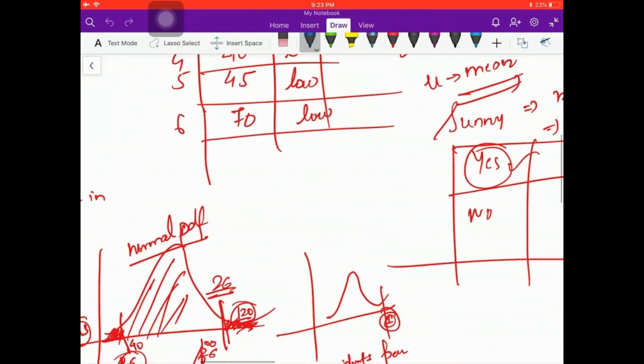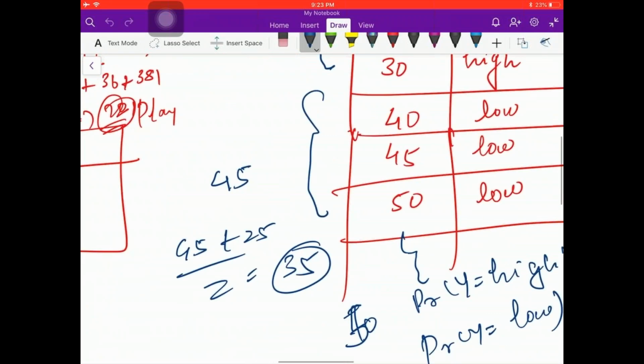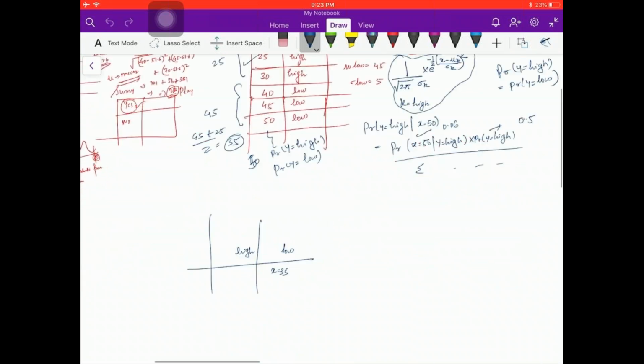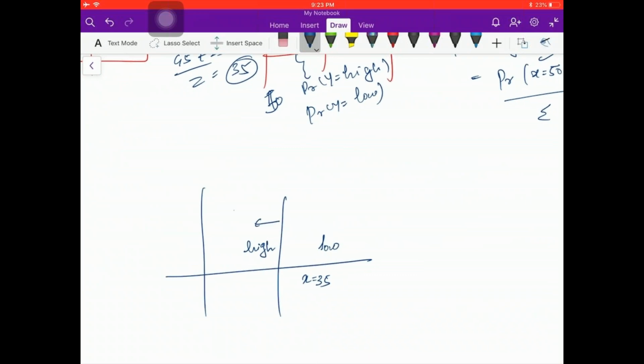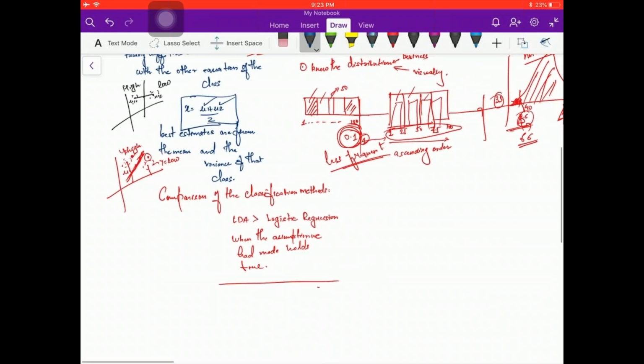A decision boundary which separates. Here my probability of y equal to high is greater; here my probability of y equal to low is greater. But at this point, both are equal, right? Yes.